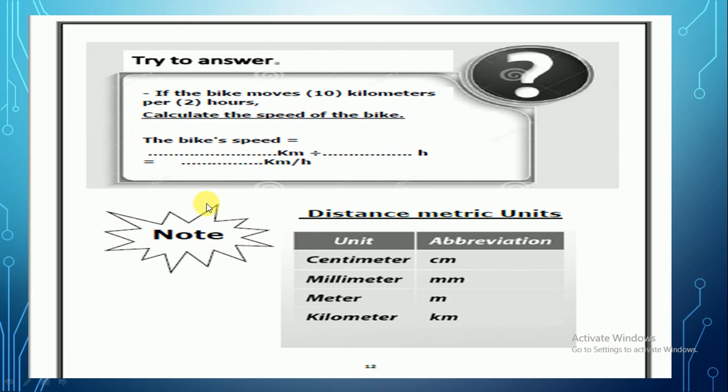And here I just need you to know distance metric units. If we see this abbreviation, this is cm, centimeter. cm means centimeters. You can use your ruler to find the centimeters, okay?